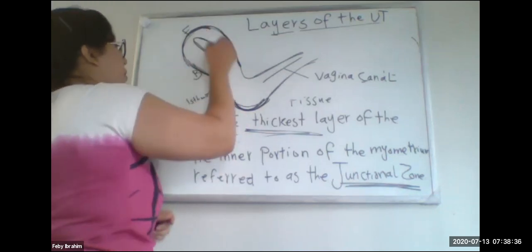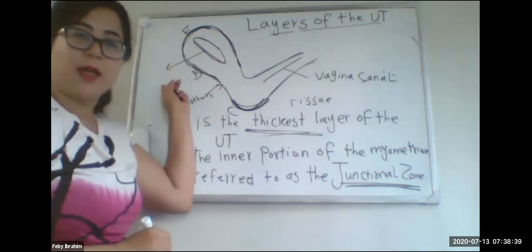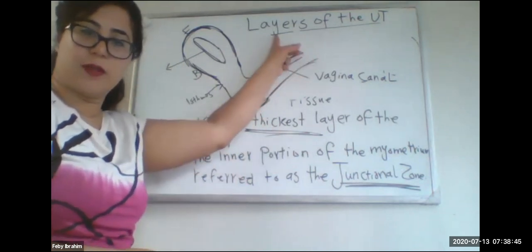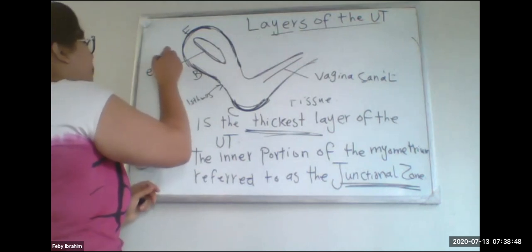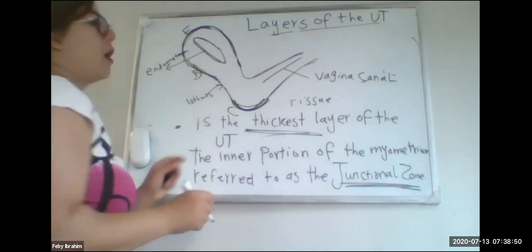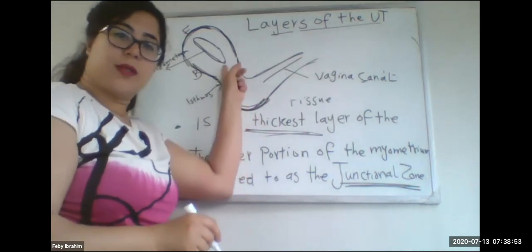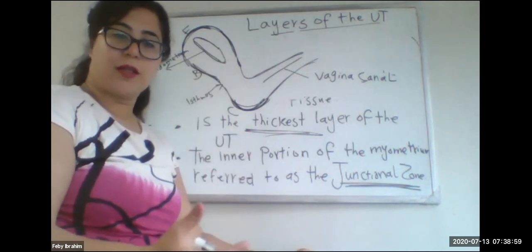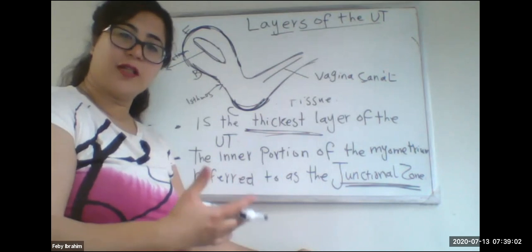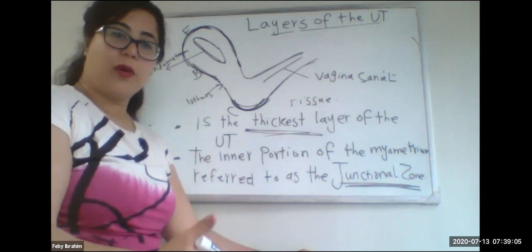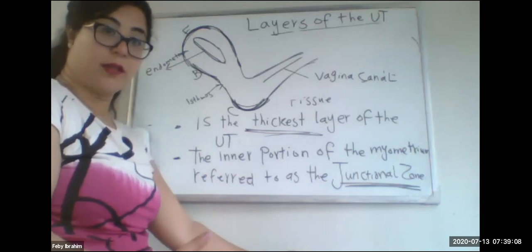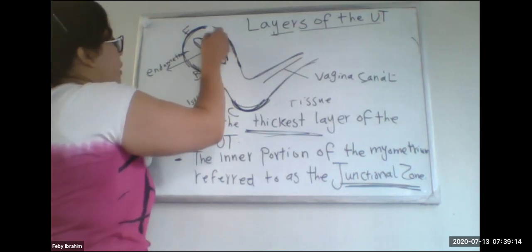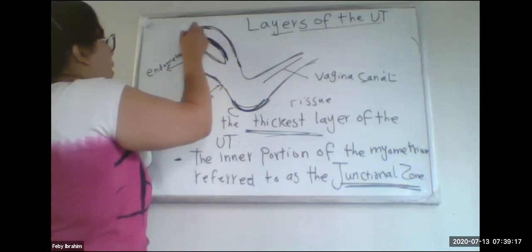And this one here is the endometrium, which is the inner layer of the uterus. The endometrium should be echogenic. The ultrasound appearance of the endometrium varies with the menstrual cycle, and we are going to talk about this later in detail. But sometimes you're gonna see a hypoechoic halo. Look here, I'm gonna draw a hypoechoic halo.